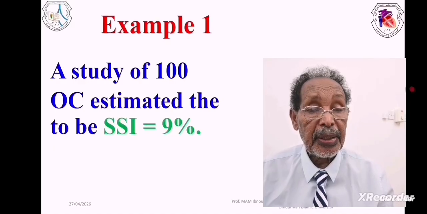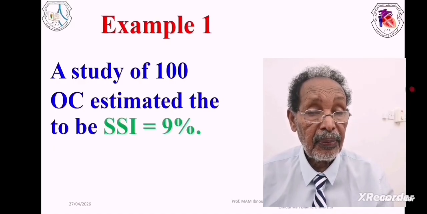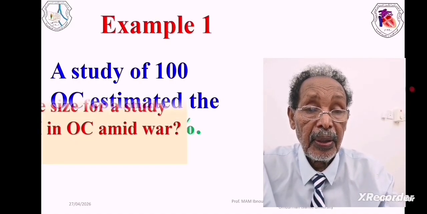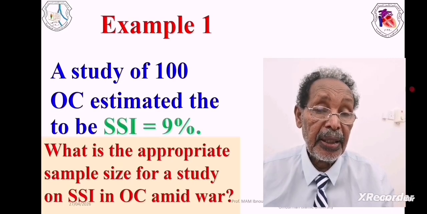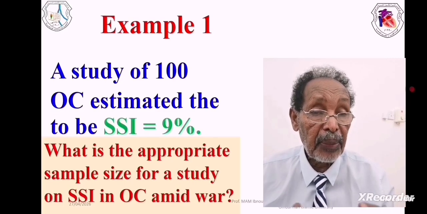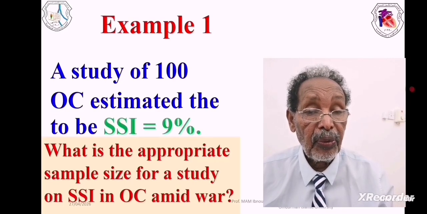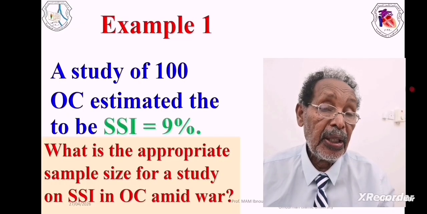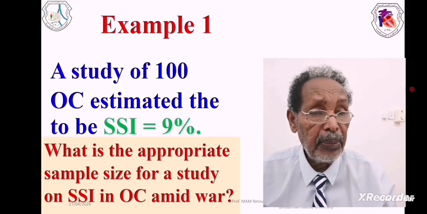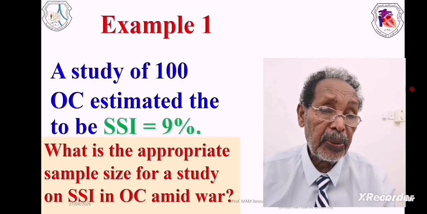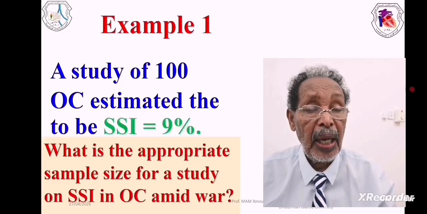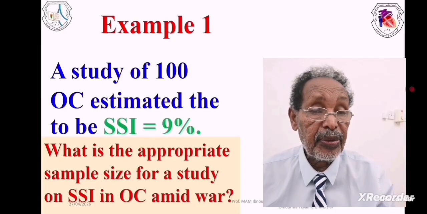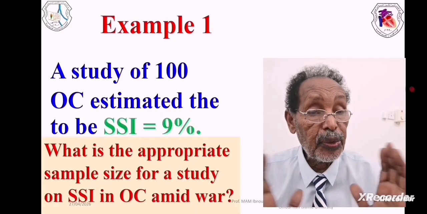The surgical site infection was 9%. Then what is the appropriate sample size for a study on surgical site infection in cholecystectomy amid war or without war, during the safety period? How to calculate this? Either we use this figure or we use 50%.